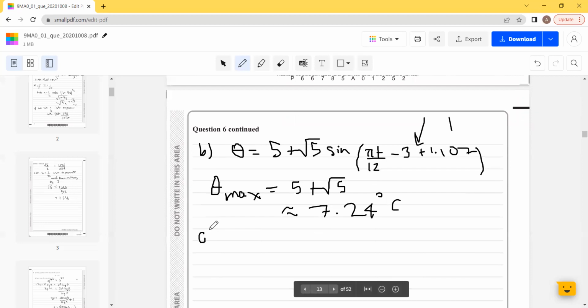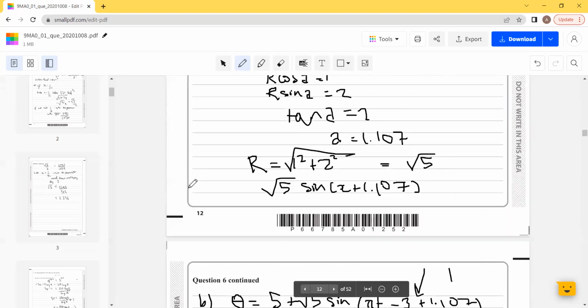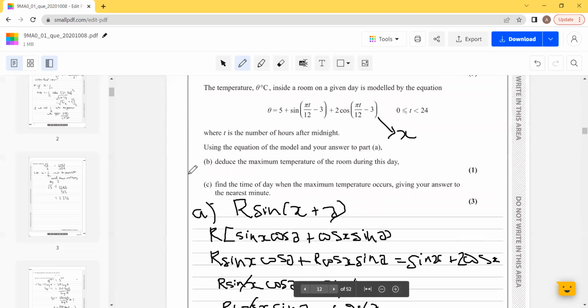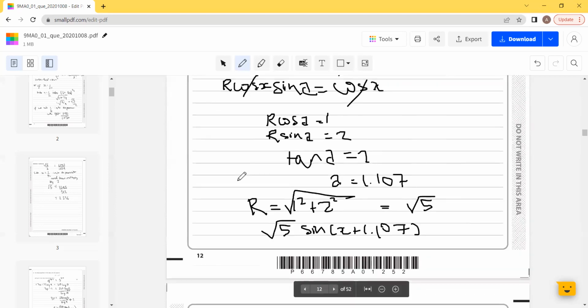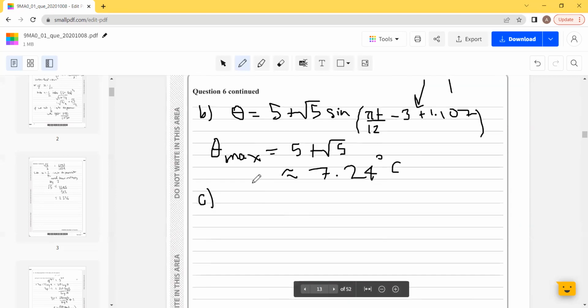Okay, part C. Find the time of day when the maximum temperature occurs, giving your answer to the nearest minute. Again, this is a fairly simple question. We basically just have to find the value of t which produces 5 plus root 5. Now, if you haven't spotted this already, you can basically just solve this term, sine pi t over 12 minus 3 plus 1.107 is equal to 1. That's all we're going to have to end up doing, and I'll show you why.